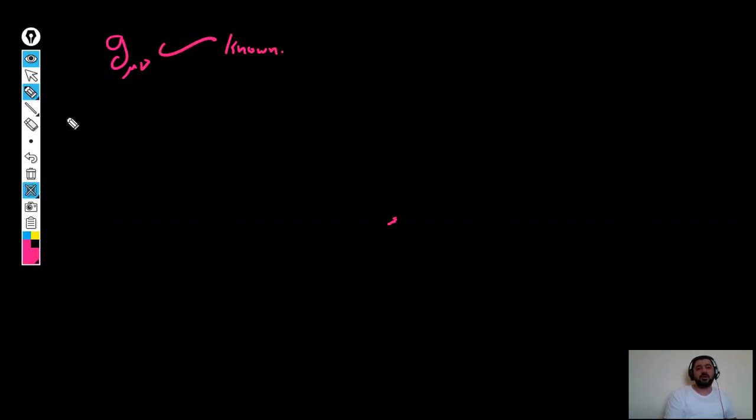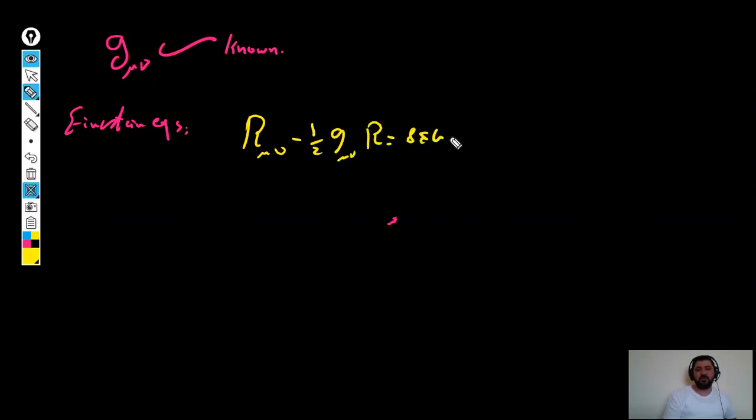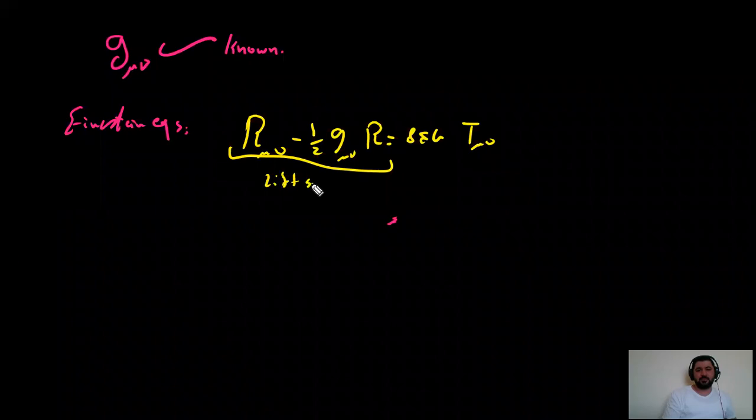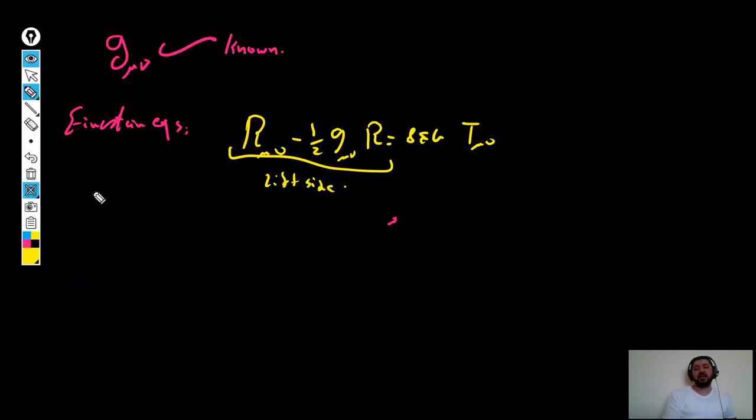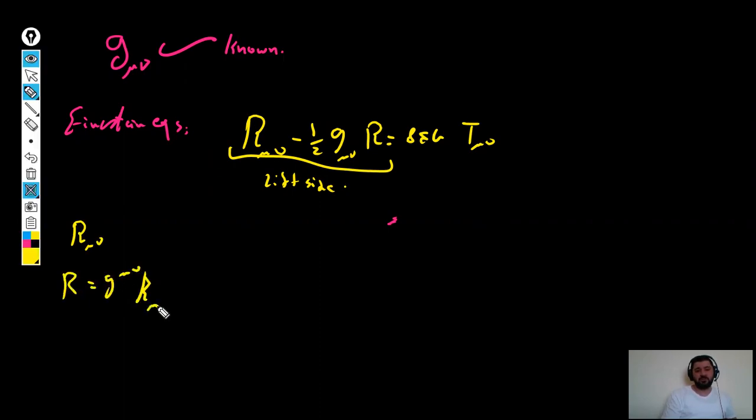Now let's remember Einstein's equations. The Einstein equation says that R mu nu minus 1/2 g mu nu R equals 8 pi G T mu nu. Let's look at the left side. You have R mu nu and R, and R is g mu nu R mu nu.